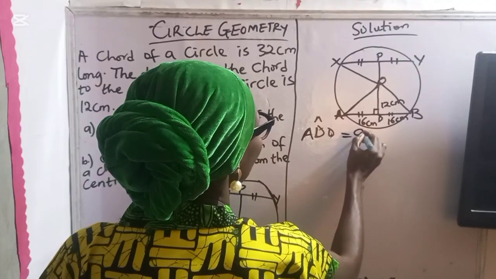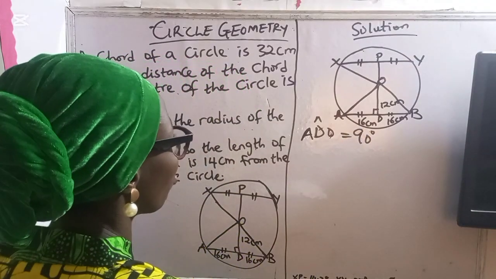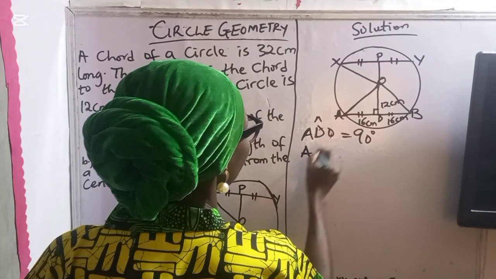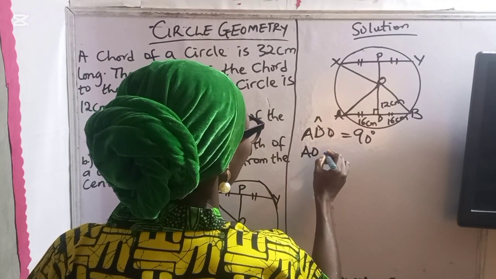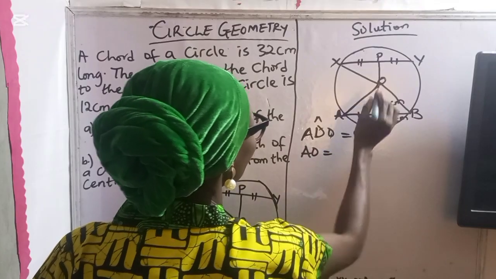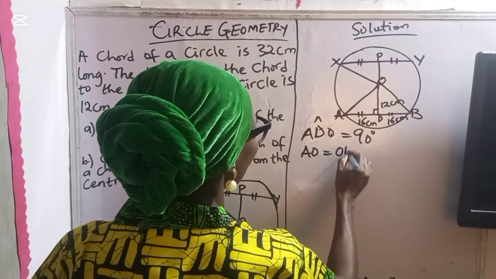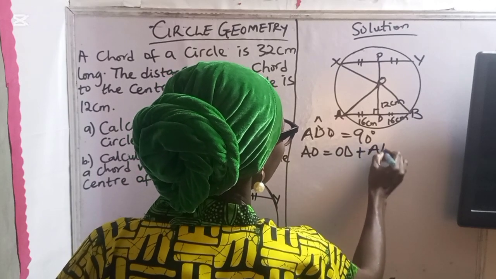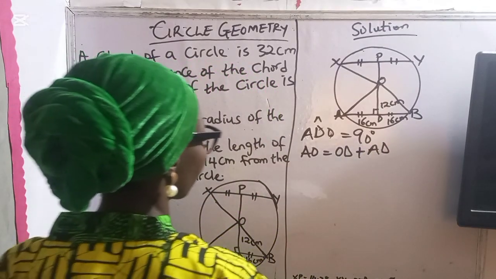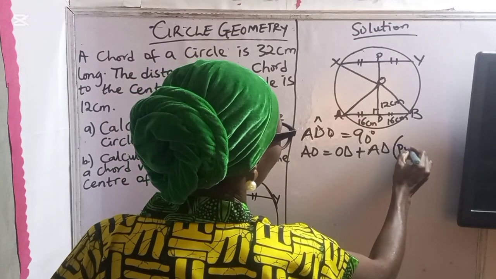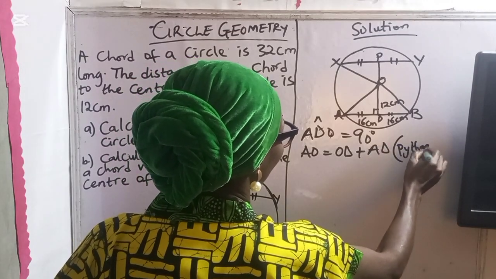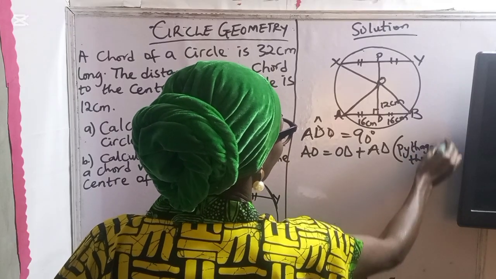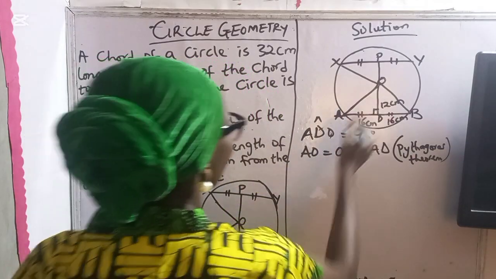So we are saying angle ADO equals 90 degrees, right? So it will now be AO squared equals OD squared plus AD squared. That is Pythagoras theorem. So what is our AO?